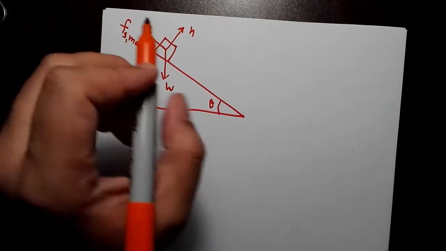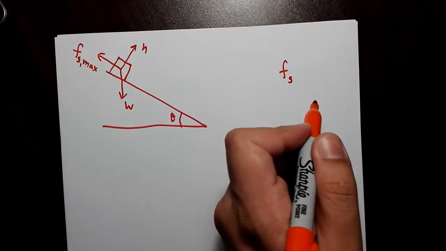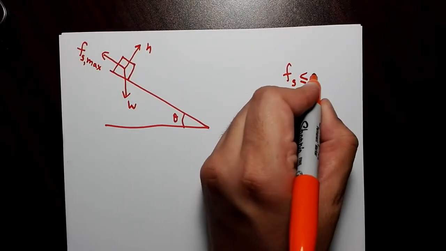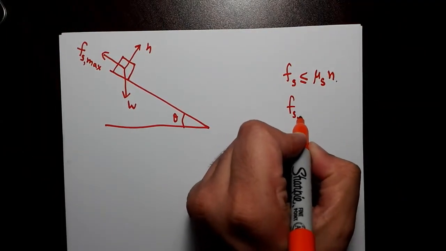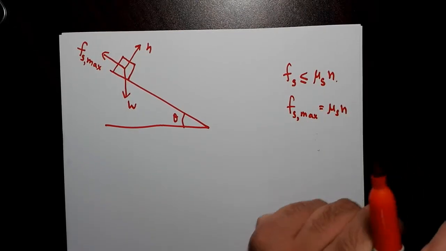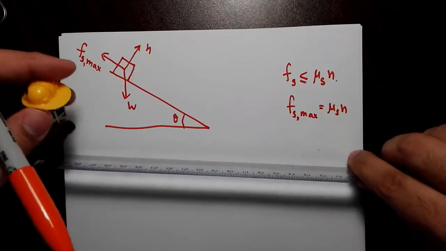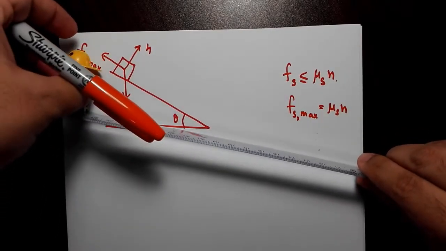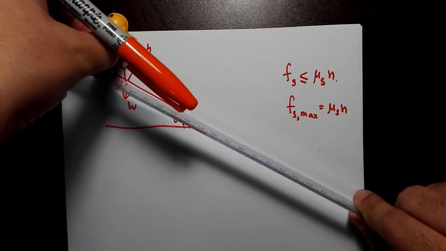Remember, static friction force is a variable force, okay? General static friction force is less than or equal to mu s times the normal force, and its maximum value is equal to mu s times n, right? As I'm increasing the angle, the static frictional force is increasing, and at this angle, he's just about to slide.